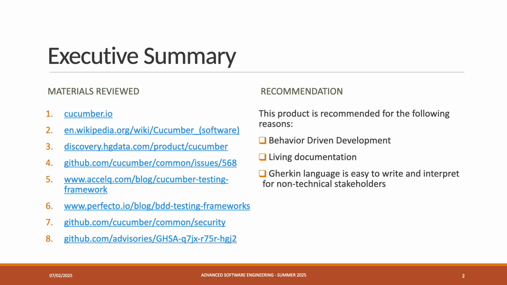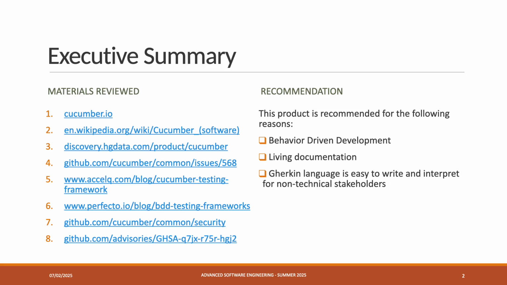What that is, it's a framework where you're going to have a lot of collaboration between your business stakeholders, like your product analysts or your product managers, in the development of your product. And the way that they're going to be involved is through living documentation for the specifications.